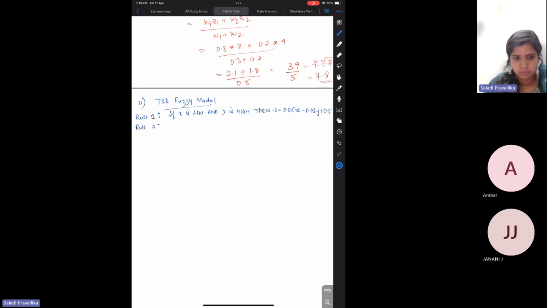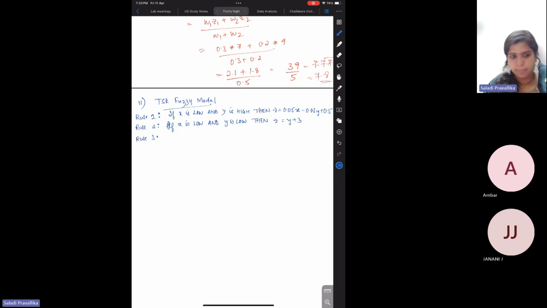Rule 2, if x is low and y is low, then z equals y plus 3.